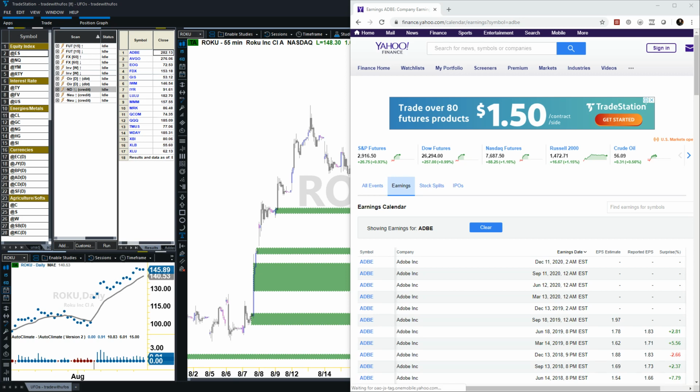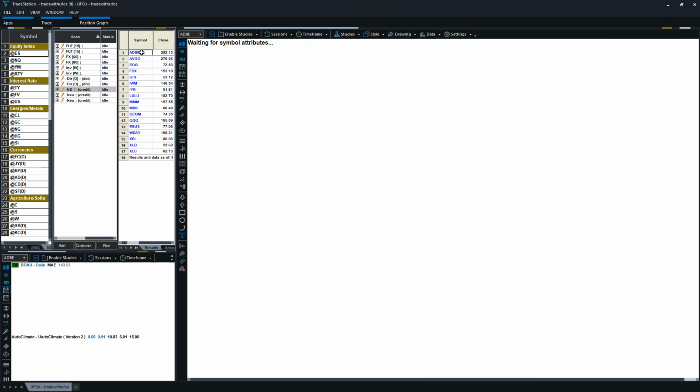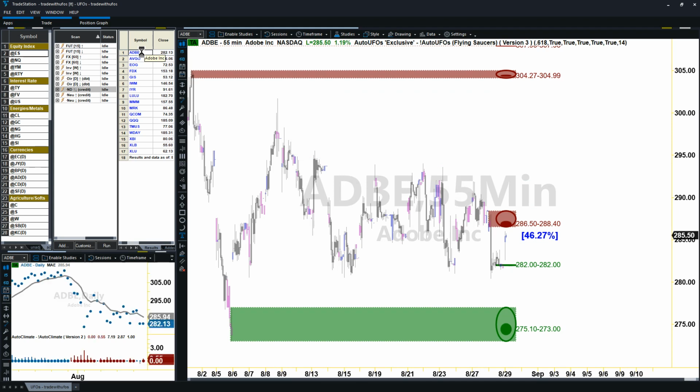So September 18 happens to be after September 6, even after September 13, which would be the next Friday, meaning that as long as we have the UFOs we need, so I'm clicking on the symbol Adobe, it seems that the expiration date for the option that we could use is valid, given that we could use an expiration date that expires prior to the earnings report on September 18, and therefore avoid any gap as a consequence of earnings, okay?